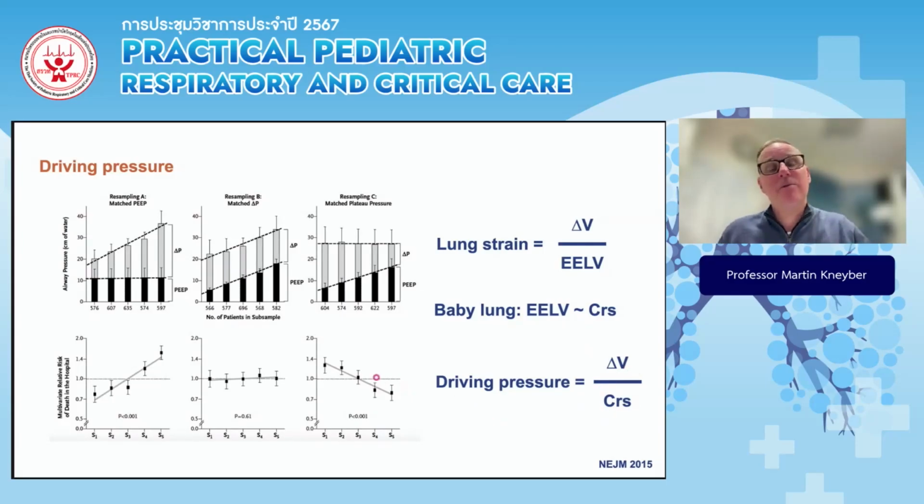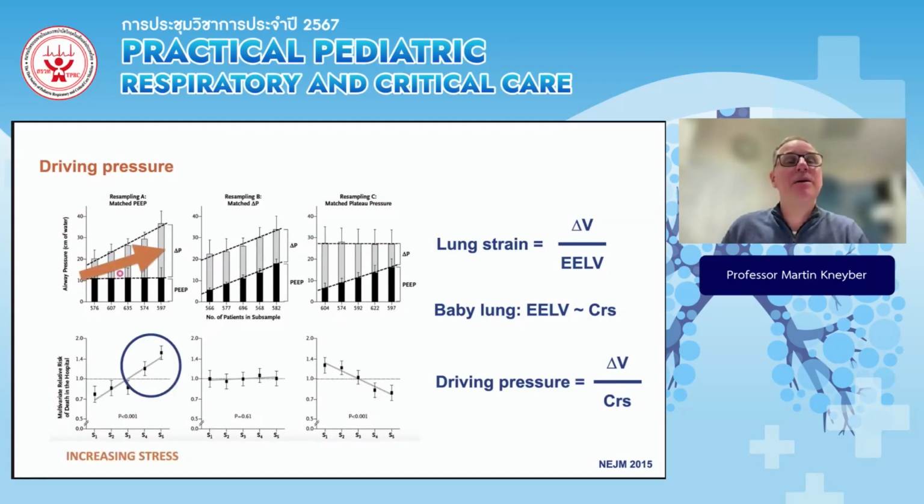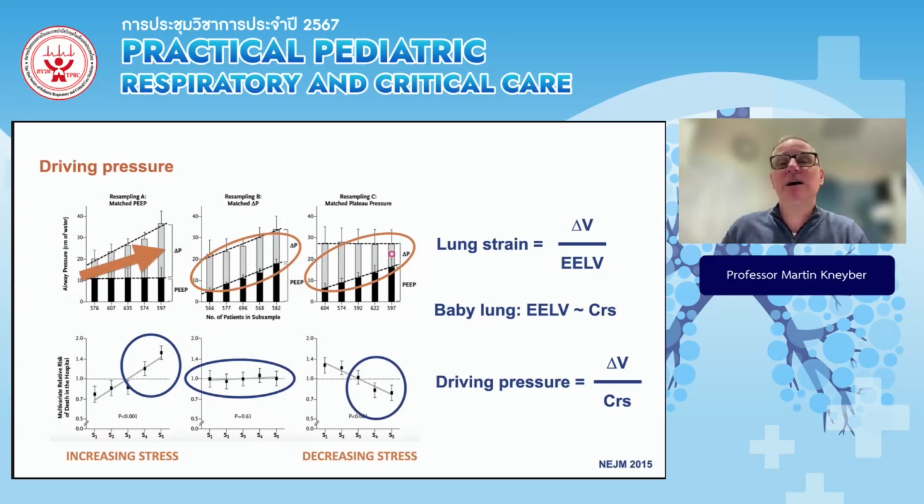And what Marcelo Amato did is he pooled the adult trials, did sophisticated statistical analyses, matching a group for PEEP, matching a group for driving pressure, and matching a group for plateau pressure. And in the group that was matched for PEEP, increasing driving pressure was associated with an increased risk for mortality, whereas decreasing driving pressure by limiting the plateau pressure to 28 and increasing the level of PEEP was associated with a decreasing driving pressure, so a decrease in lung stress.